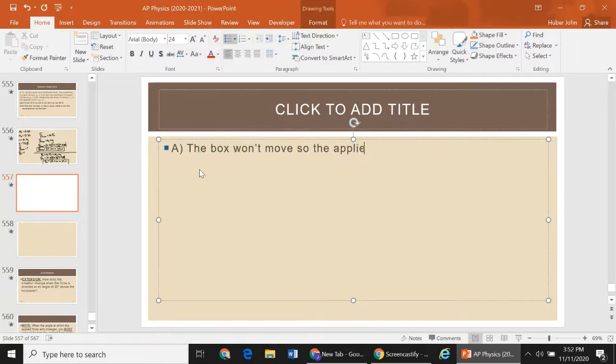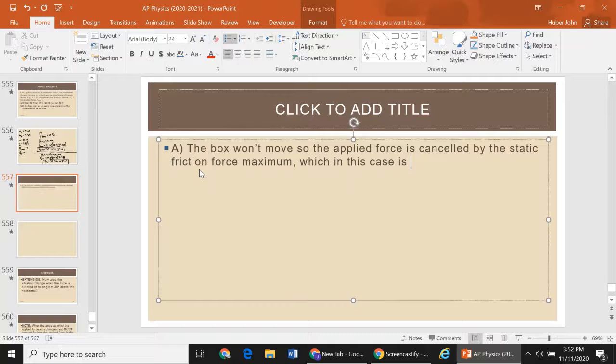So the applied force is canceled by the static friction force, which in this case is 0 newtons. If you don't apply a force, there's no static friction force to cancel anything out, really, because the thing is not moving. The net force has got to be 0. You've got 0 applied force, you've got 0 static friction force.